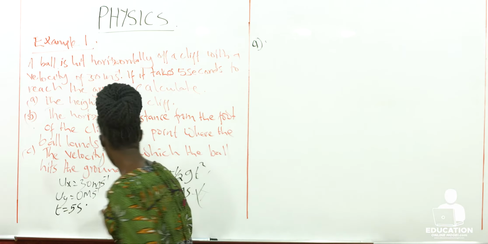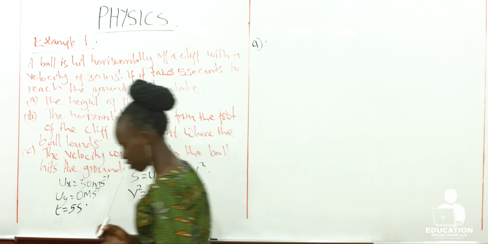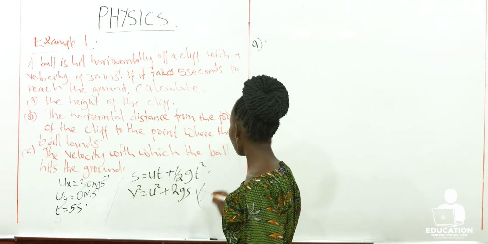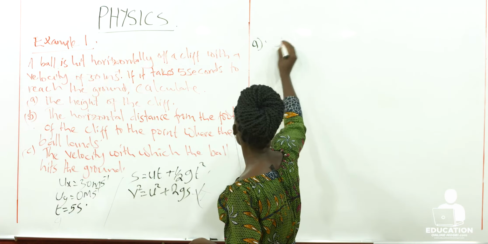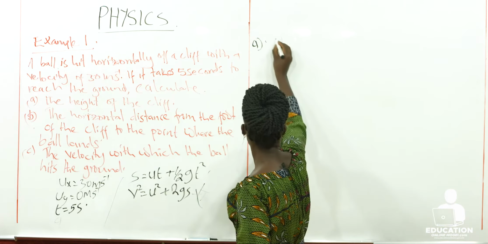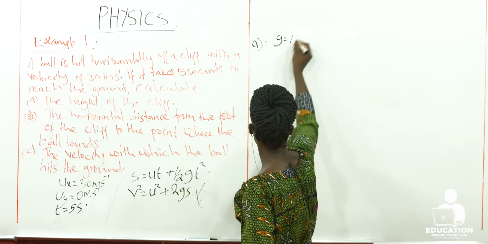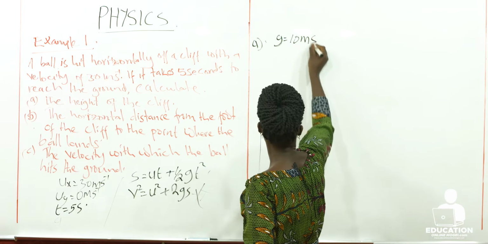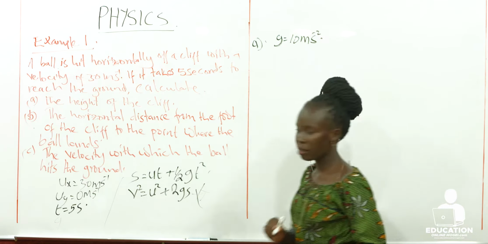So here, our value of acceleration due to gravity, we are actually going to consider 10. Our g will be equal to 10 meters per second squared.